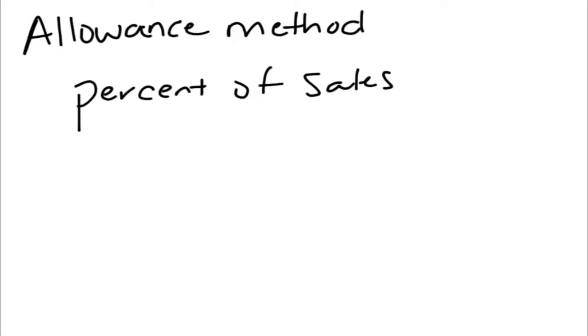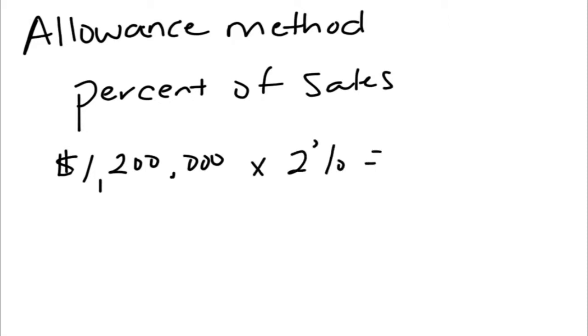So let's say that this year we had, I don't know, 1.2 million in credit sales. And we estimate that 2% of those will be uncollectible. So that gives me a total of $24,000. That's the amount that I want bad debt expense to be.